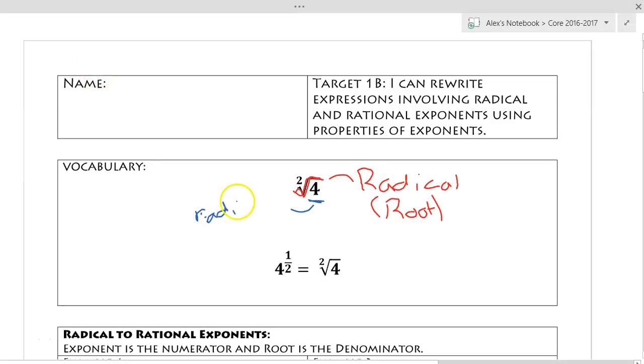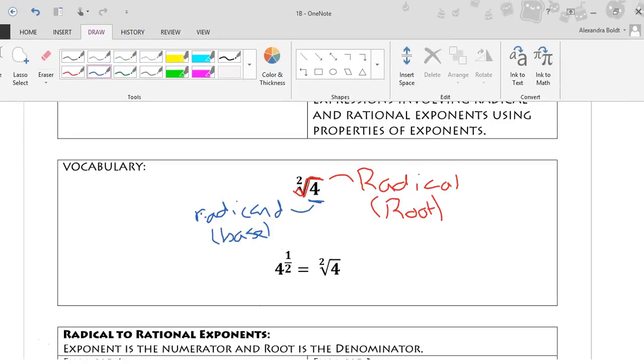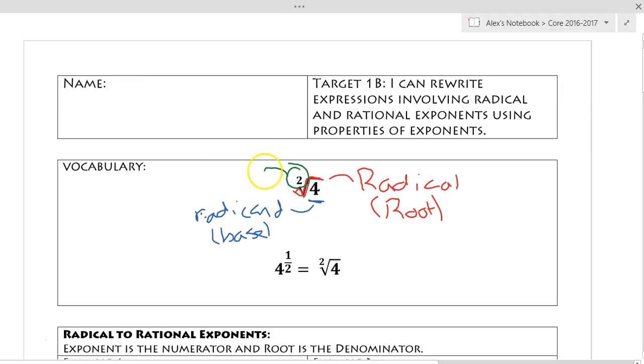Right, to think about what we were doing with exponents before. It's the radicand, also known as the base. This number here is called the index. And sometimes we'll have an exponent here. Right now, in this case, since we don't have one, it would just be 1.